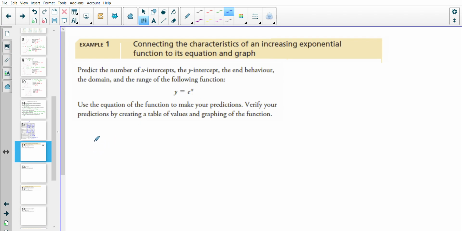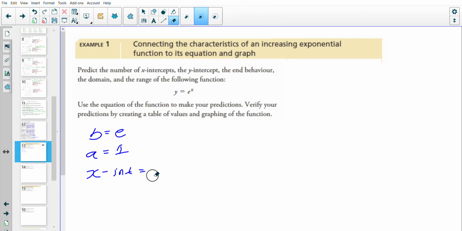So our base b value is e, our a value is 1, it is an exponential function. So our x-intercepts is 0, so not applicable.